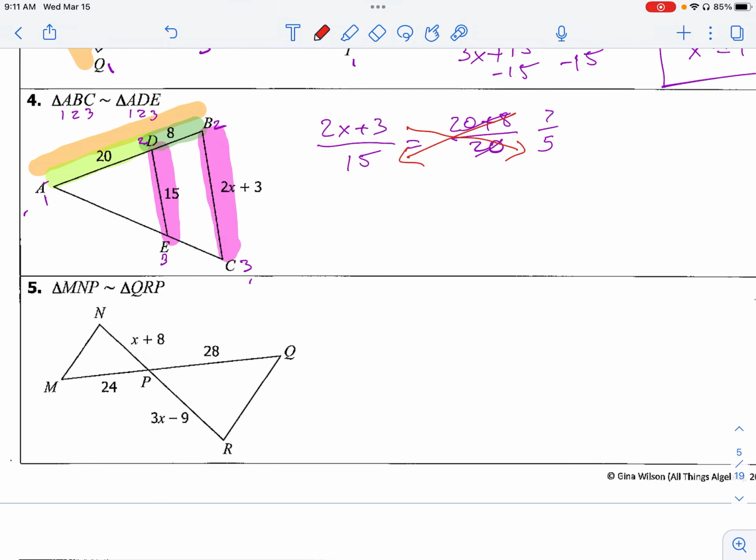So we're going to cross multiply here. And we're going to get 7 times 15, which is 105. And 5 times 2x plus 3.